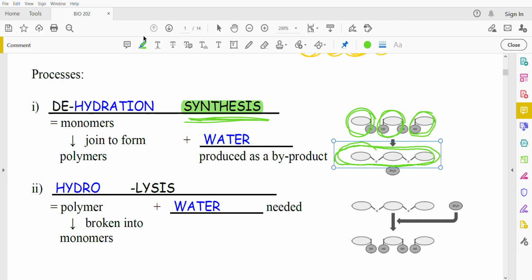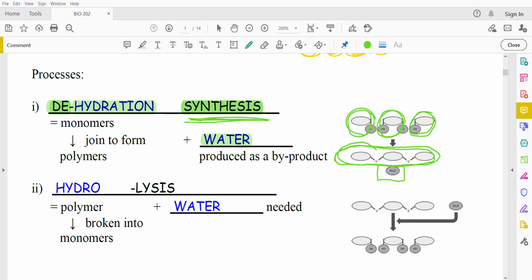What else can we learn about the name of this process? Let's pay attention to the term hydration. Hydration always refers to water, and if it's dehydration, that gives us a clue that now water is being lost. And we actually see it here.